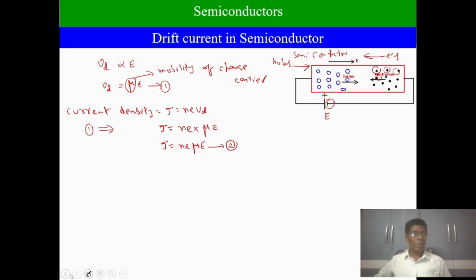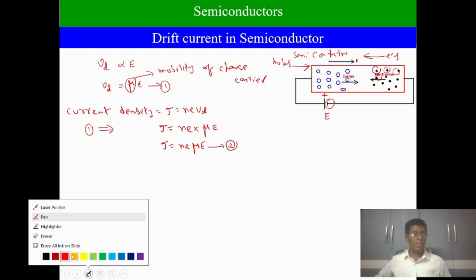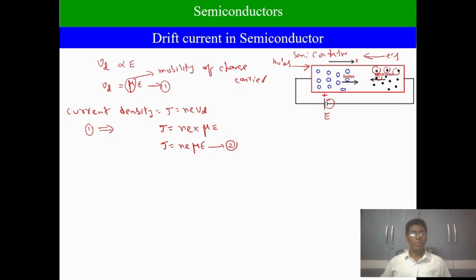Now I am going to apply this expression in terms of electrons and holes, because a semiconductor is a material which contains both electrons and holes. Because of this, I am applying equation number 2 to the electron current density as well as the hole current density. First, the equation for the electron current density, written using J suffix n, where n indicates electrons.